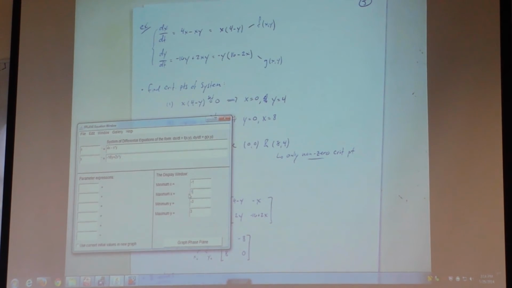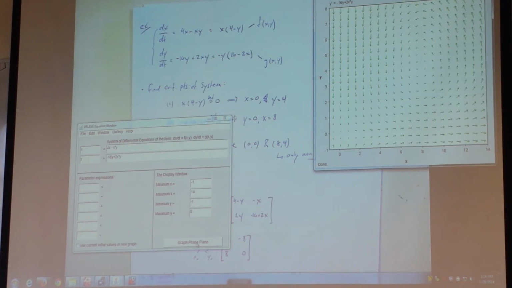We'll go from negative 1 to 14 in the x direction and negative 1 to 8 in the y direction. Okay. So here'd be just the direction field alone.